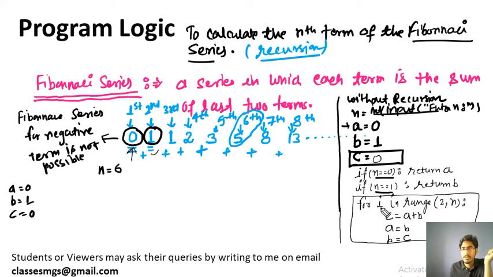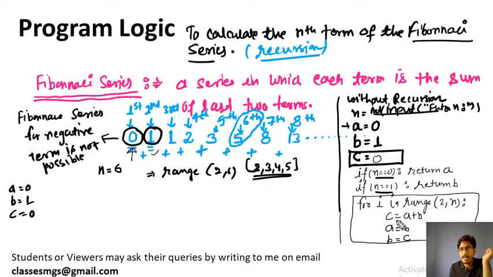So we will go into this loop, and the loop will continue till what? Range 2 to 6. That means first 2 will come, then 3, then 4, then 5 will come. So these 5 values come one by one, and this loop will be executed 4 times.